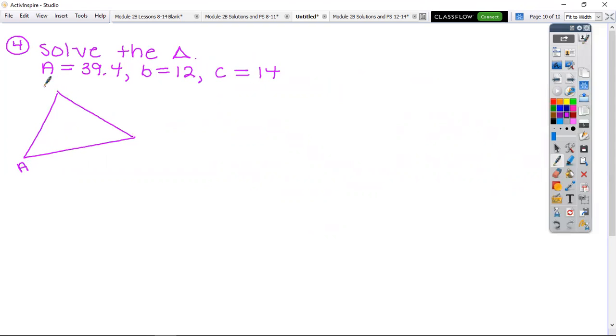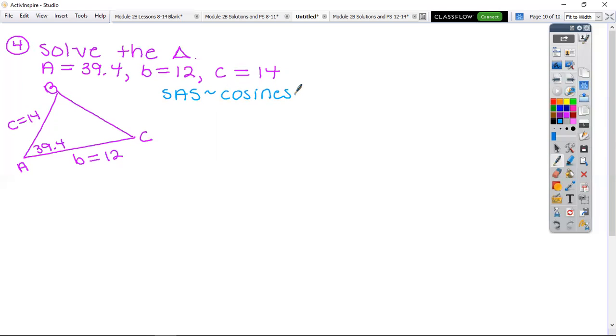ABC again, where capital A is 39.4 degrees, little b is equivalent to 12 and c is 14. Your task is to solve the triangle. So we need 3 more items. So is this the law of sines? What is this instead? Law of cosines. Yep. Why is it law of cosines? This is, yep, side angle side. Excellent. This is cosines instead, finally.